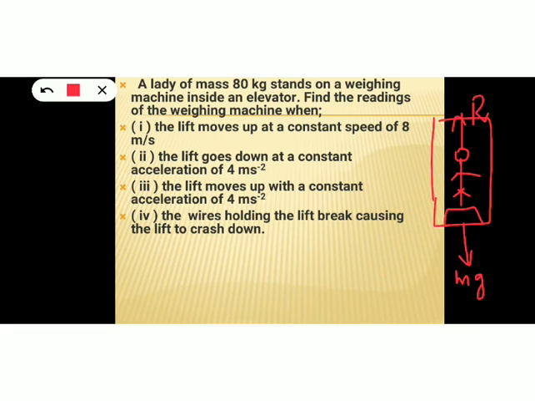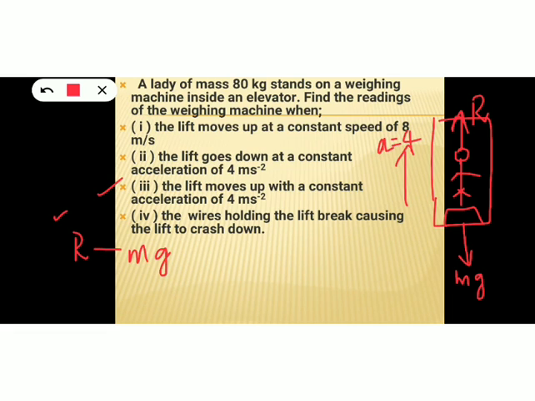Okay. Now, what is the third case? The lift moves up with a constant acceleration of 4 meter per second square. Now what will be the equation of motion? Here the lift moves up, so the lift moves along the direction of R, so R will dominate, and the total force acting along the vertical direction is R minus mg.